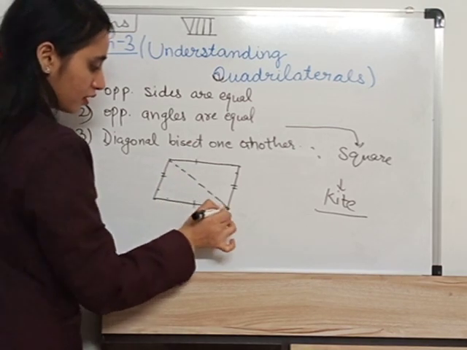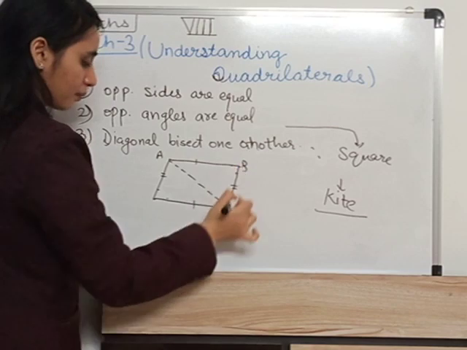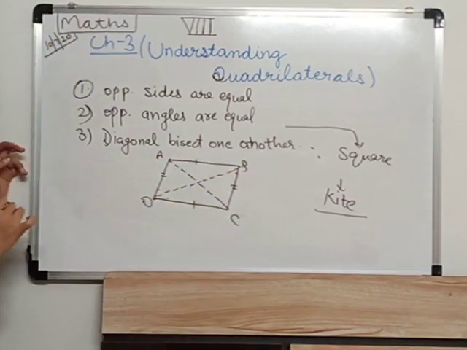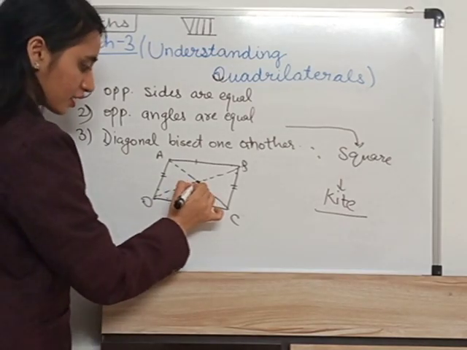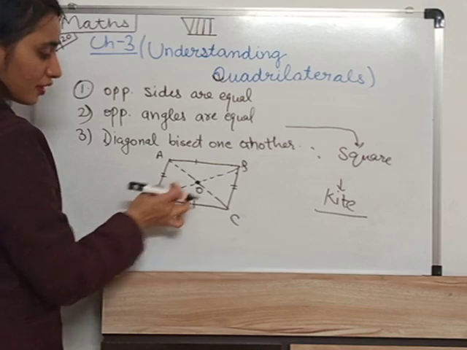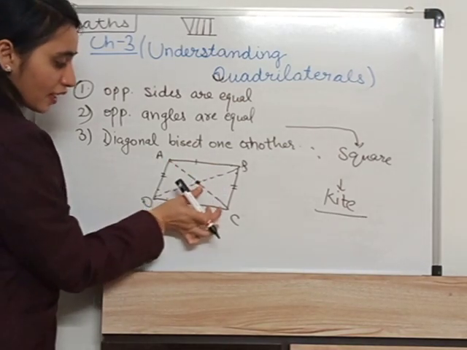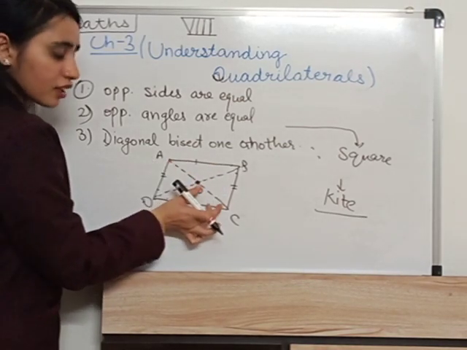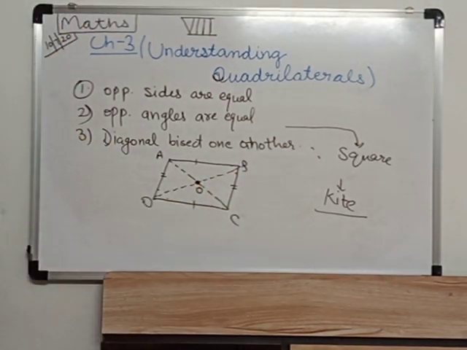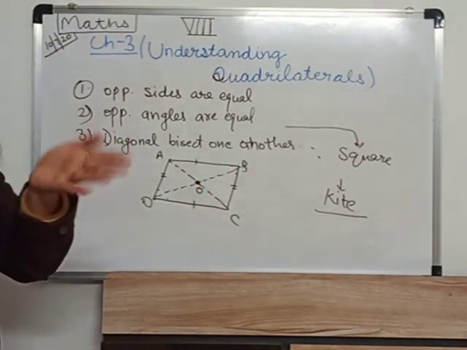This is a diagonal. Write the names A, B, C, D. And the diagonals cut each other at point O. Diagonals bisect means these diagonals bisect each other into equal parts, means AO is equal to OC and OB is equal to OD. These parts are equally cut with each other.